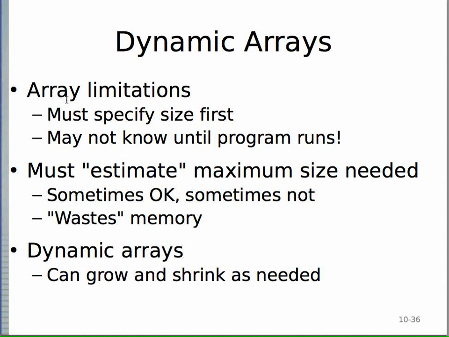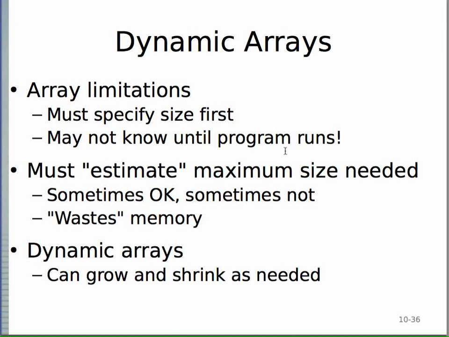Dynamic arrays are used mainly to overcome some of the limitations of these static arrays. And as we saw, we have to specify the size, and this may not be known until the program runs, and so that can be a problem. We can get around this by estimating, for example, a maximum size.